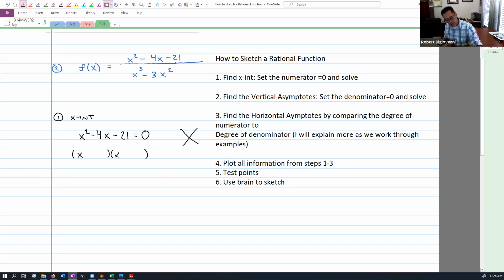So I have to find two numbers that multiply to be -21 and add up to be -4. And I believe -7 and 3 are going to work there. So I put x minus 7 times x plus 3 equals 0. And if I set both of these equal to 0, I get 7 as an answer, and I'll get -3 here. Any questions on that step? Everybody feel like they could do that if they had to?